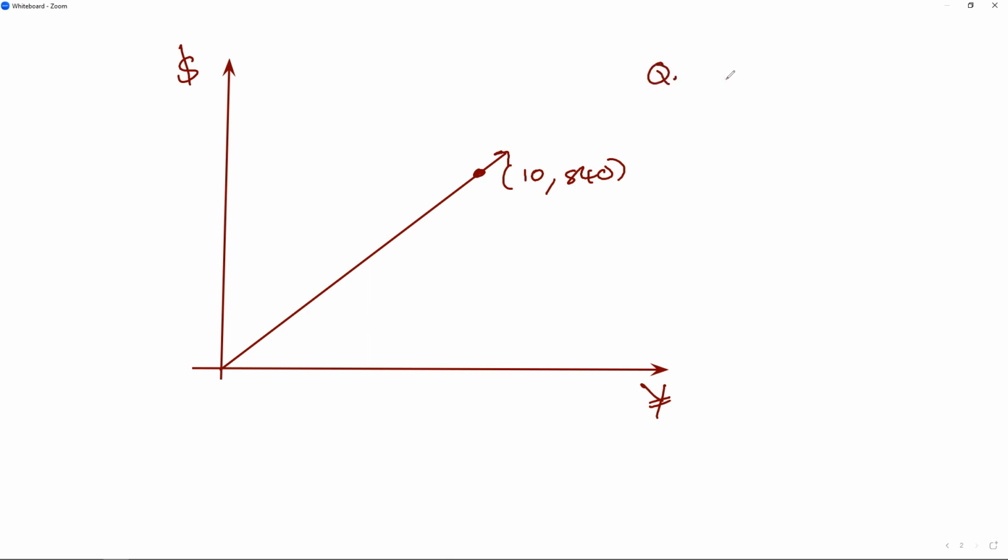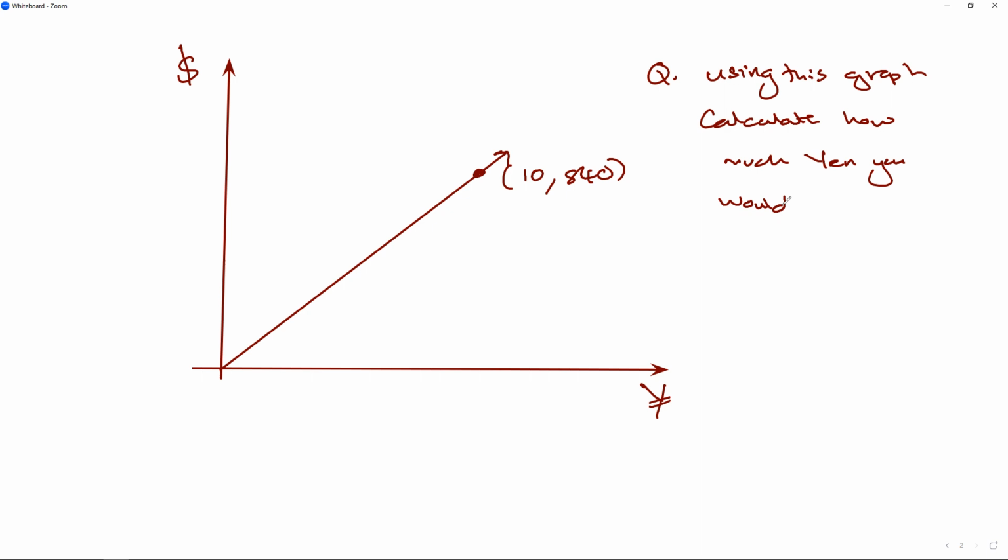So using this graph now, calculate how much yen you would receive for 4,500 New Zealand dollars.